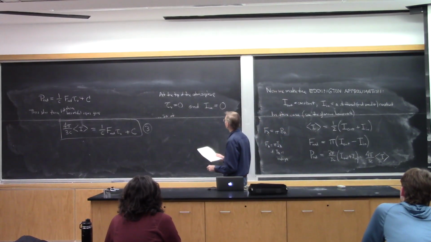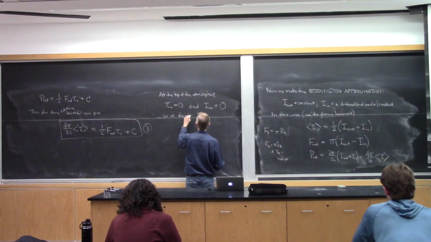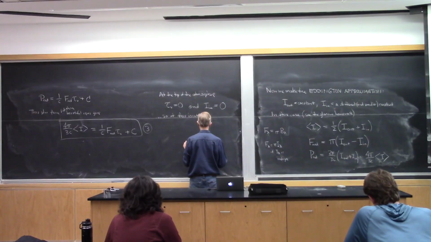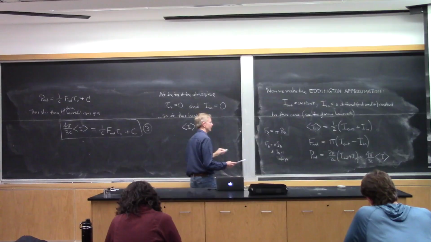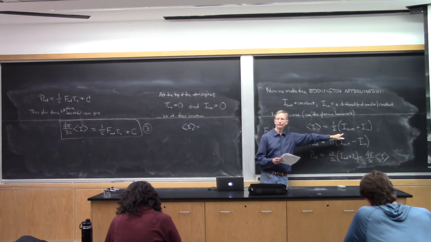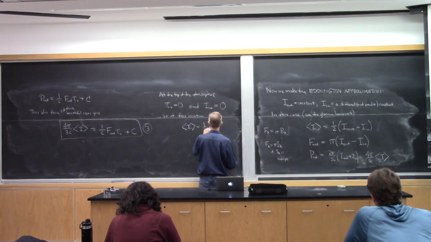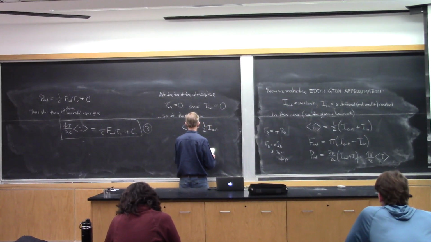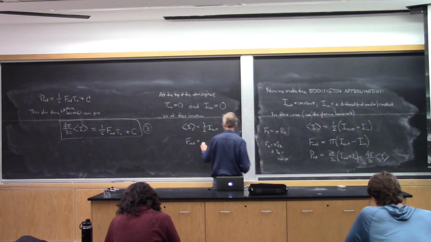So at the top of the atmosphere, tau_V is equal to 0, and I_in is equal to 0. So at this location, the mean intensity is just half of I_out, because I_in is 0. And F_rad is pi I_out, because I_in is 0.